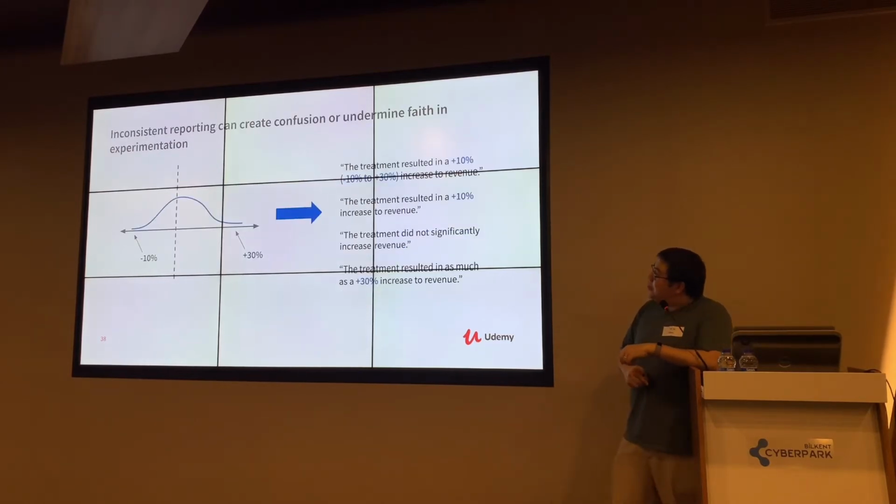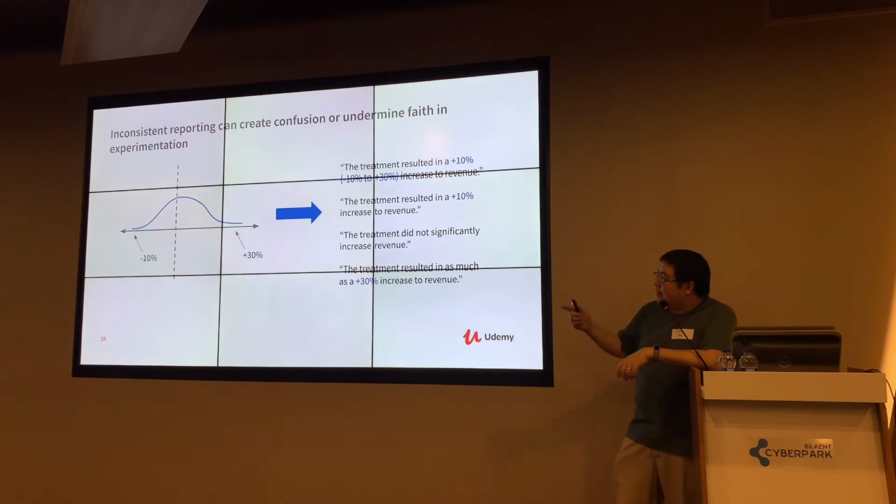Final thing I'll mention here is that besides analysis, another common thing that can come up in A/B testing is that it's really important to think about how you report the results of A/B tests as well. Because depending upon how you report the results, the reporting can lead to misinformation in the company about what actually works and what doesn't work.